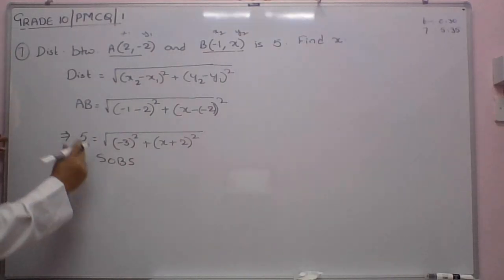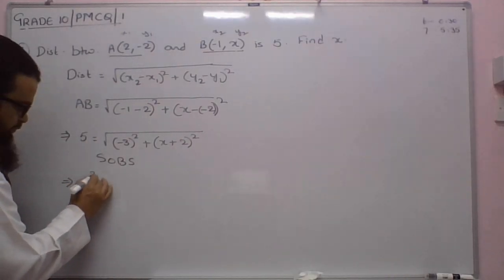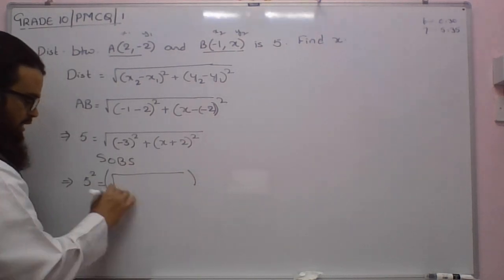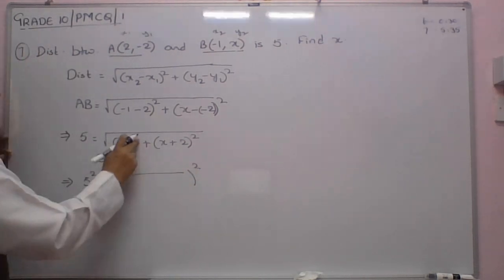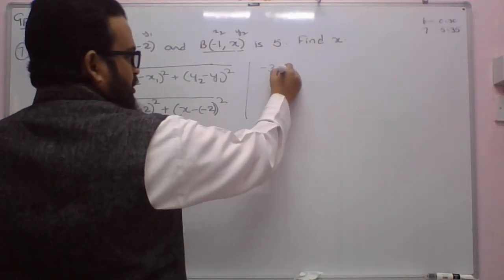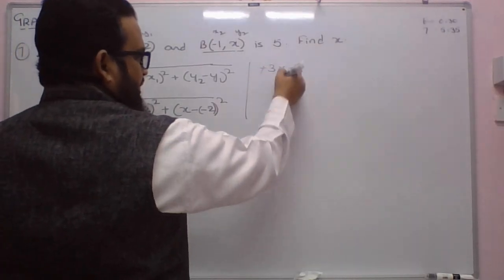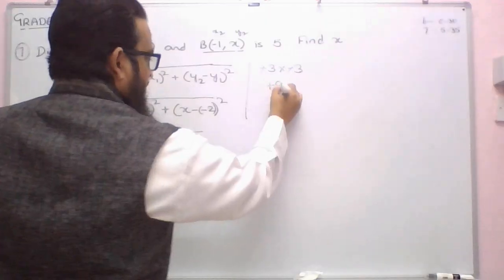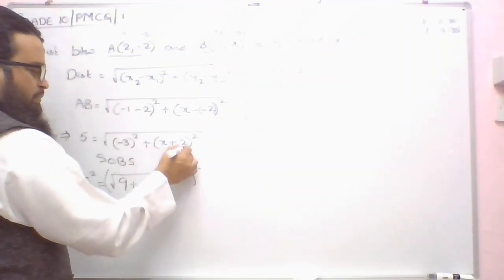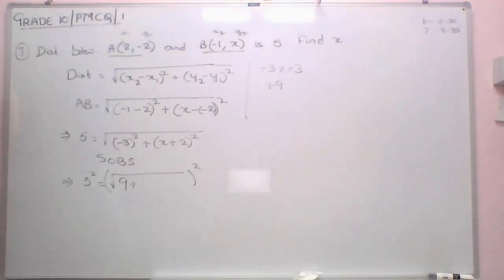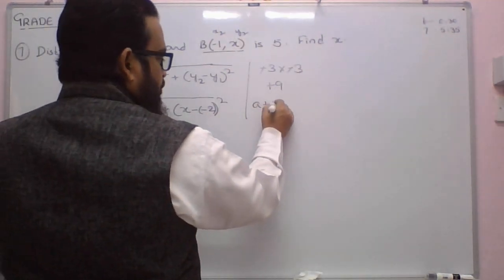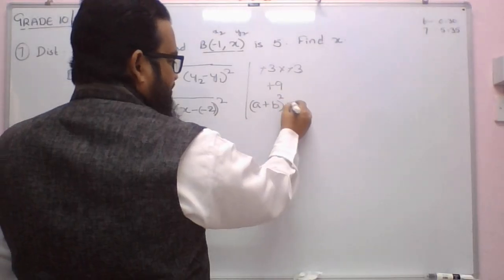That implies 5 square is equal to, when you have square root and a whole square, and minus 3 whole square is, if you are not sure, you write here: minus 3 into minus 3, minus into minus is plus, 3 3s are 9. So it is 9 plus (x plus 2) whole square. It is in the form of (a plus b) whole square. What is (a plus b) whole square? For the students who don't know, I am writing here, please practice.